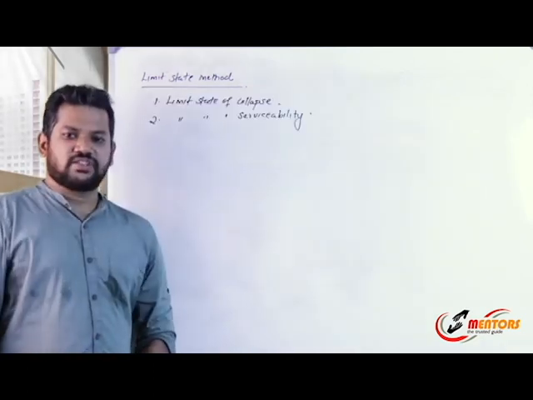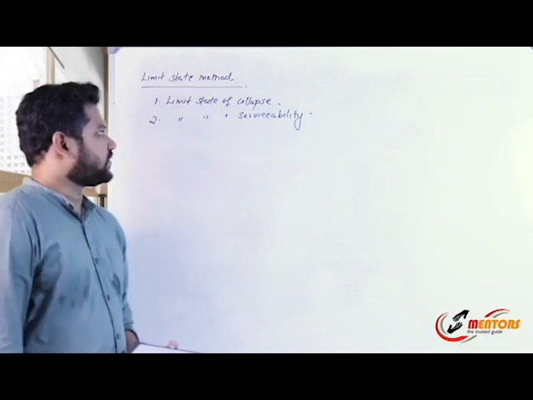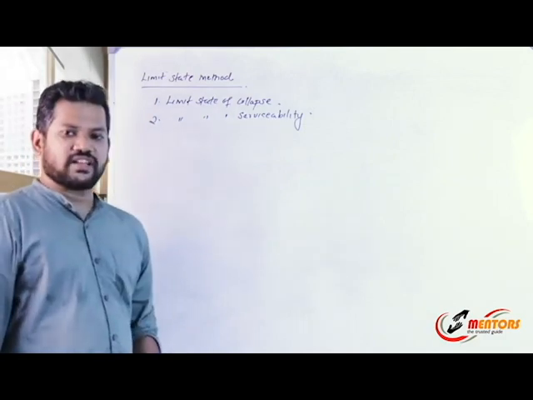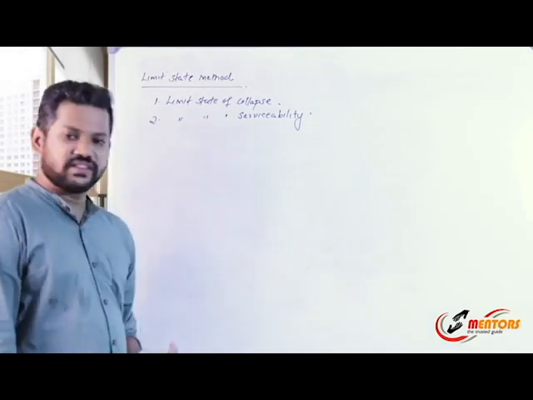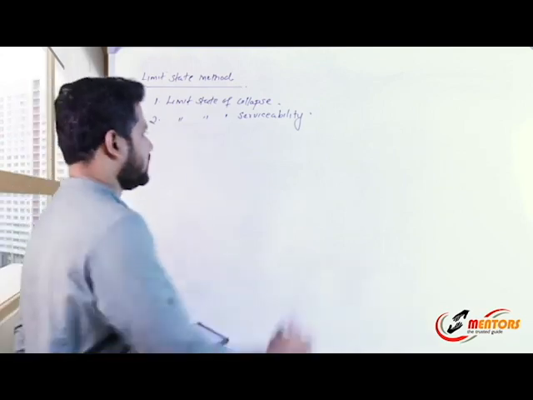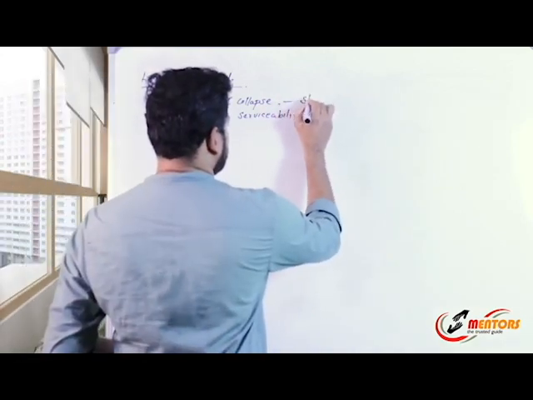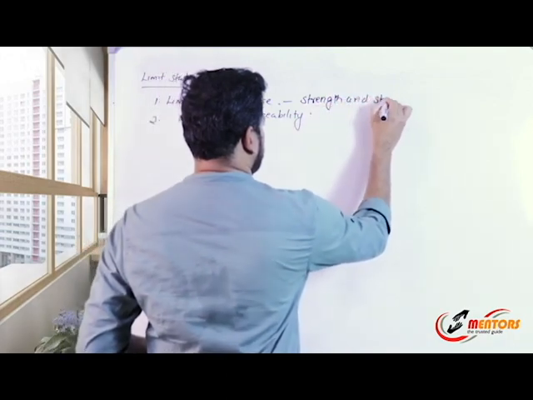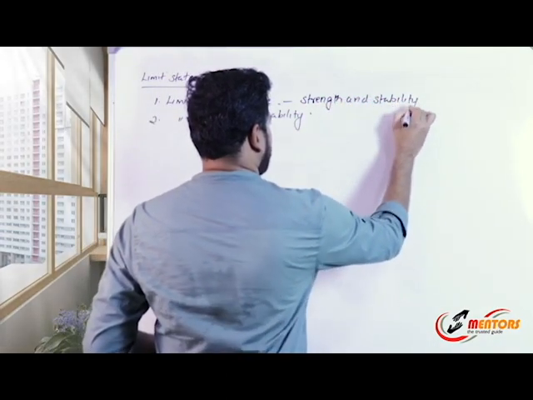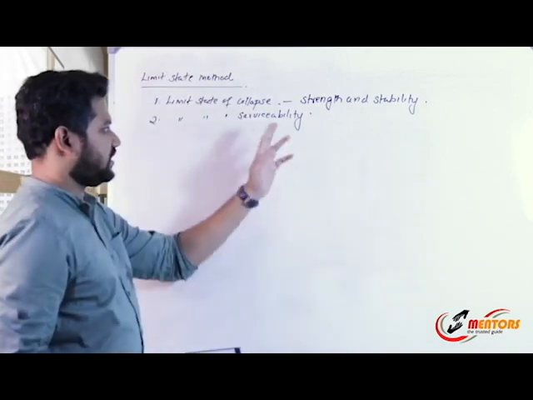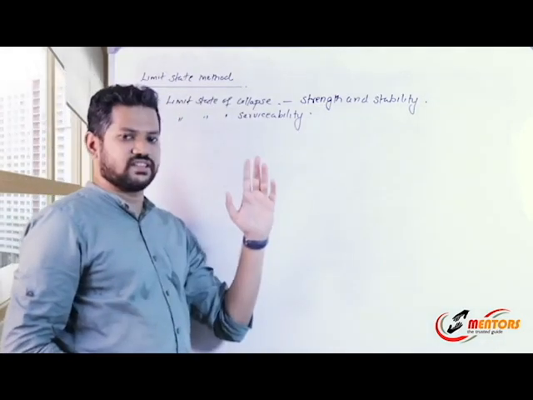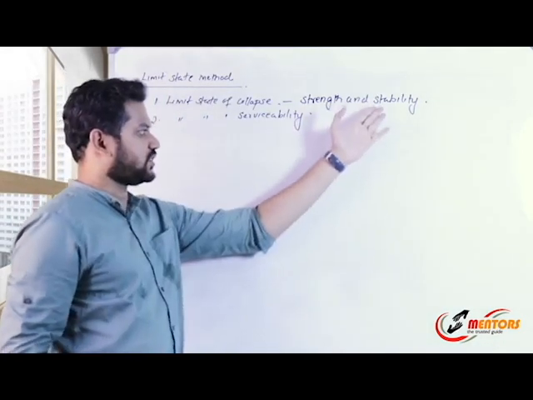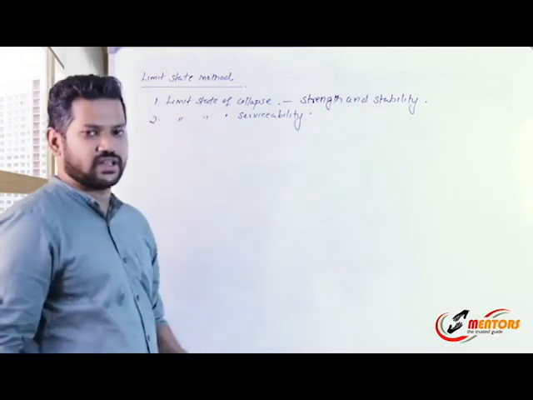The first one, the limit state of collapse, deals with the strength and stability of the structure. So when you see a question like which limit state is used for strength and stability, the answer is limit state of collapse.